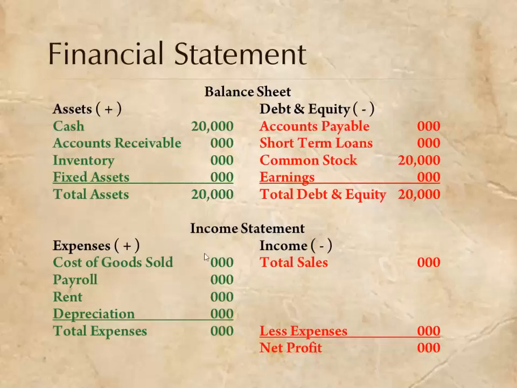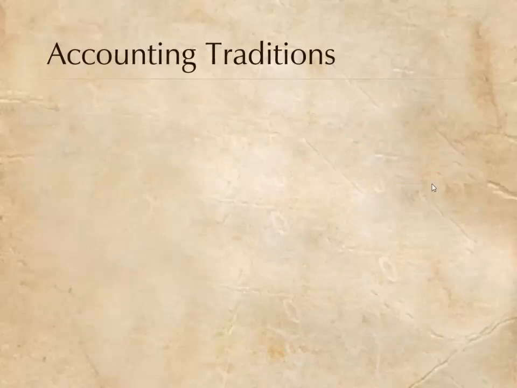After a few transactions, it will become obvious that accounts that usually have debit balances are on the left side of the page, and accounts that usually have credit balances are on the right side of the page. This is a tradition. Accounting is full of traditions. Traditions must be observed.